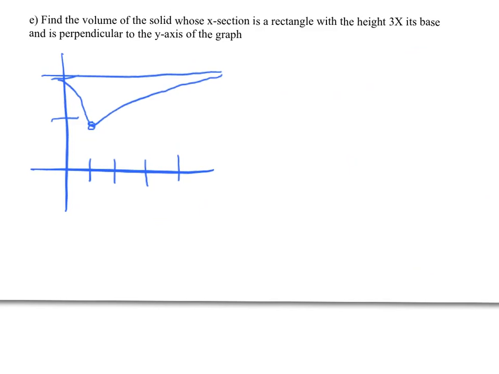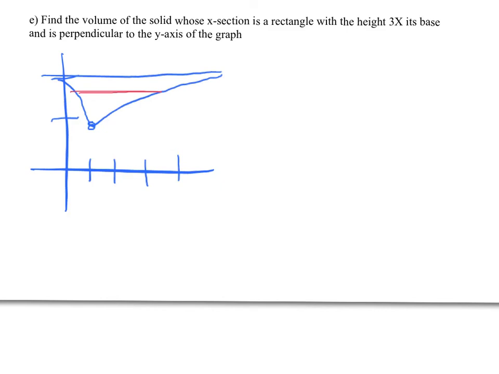So the base of my rectangle will be going this way, perpendicular.